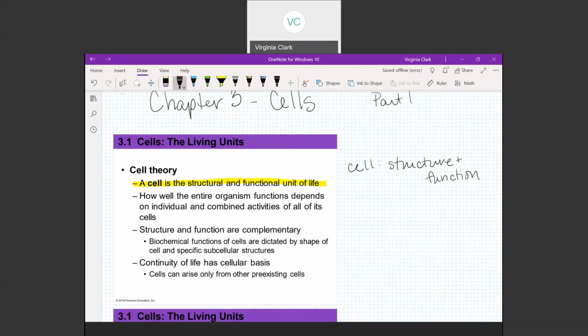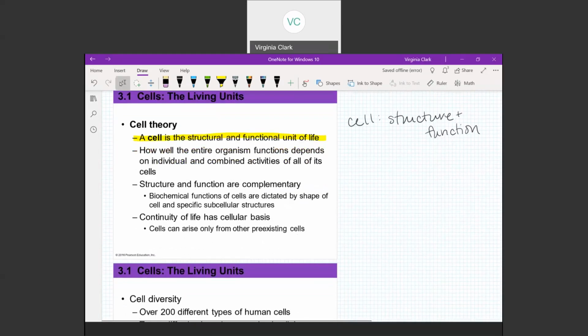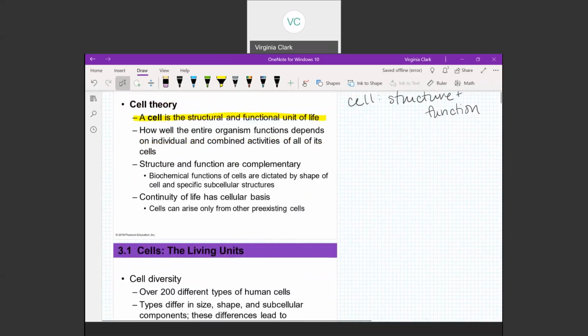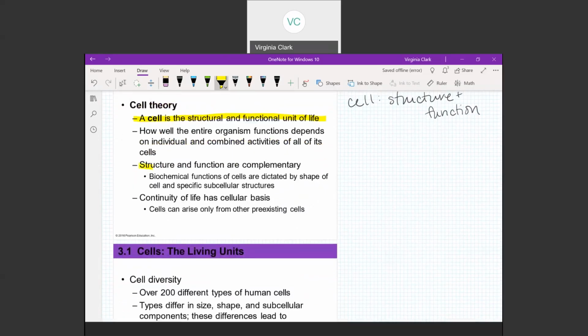We've already focused on the chemistry and on the more foundational level, and now we're going to start with cells. How they are organized, the entire organism depends on this. And remember, the complementary principle is that the function of the cell is dictated by the shape of the cell and all the structures of the organelles inside.